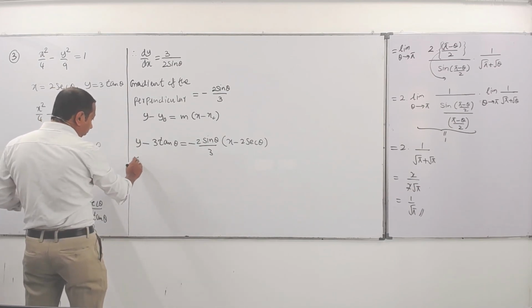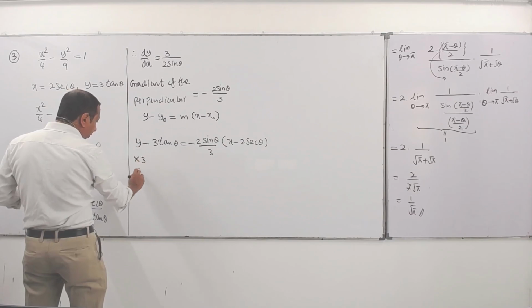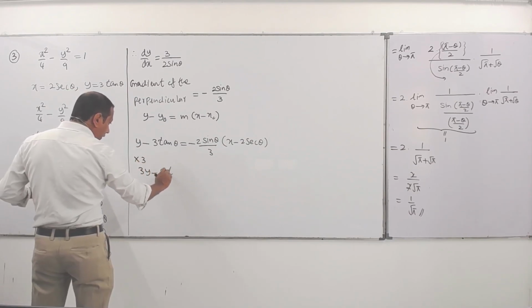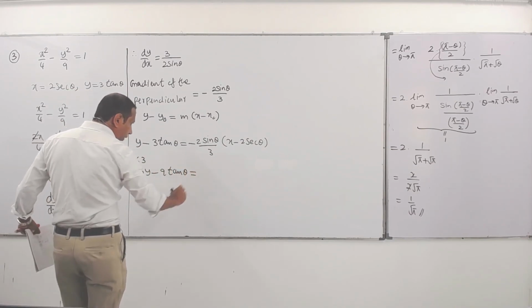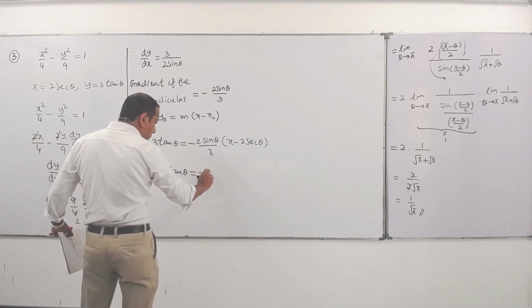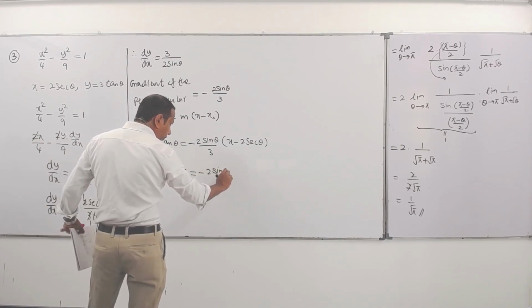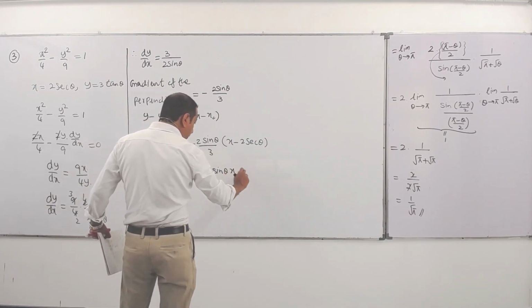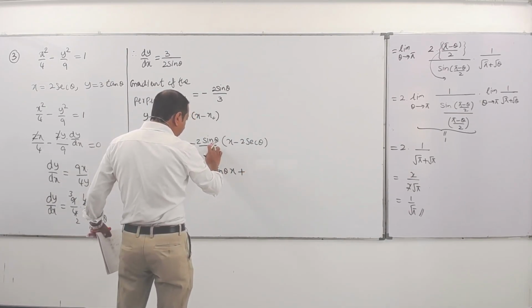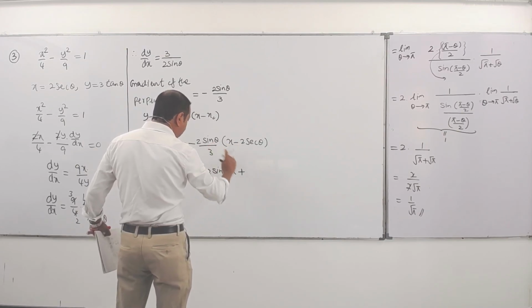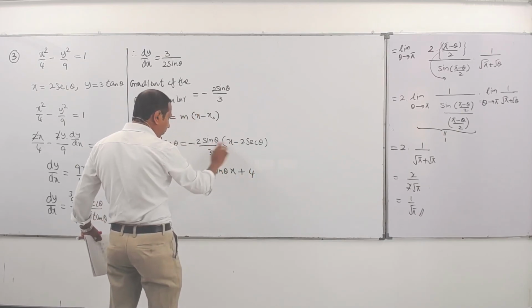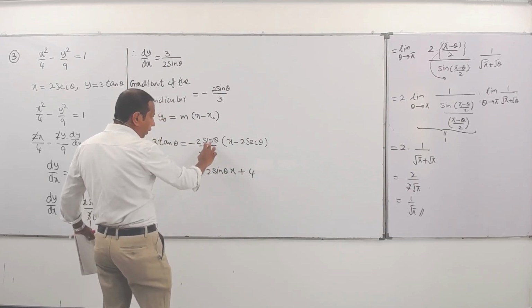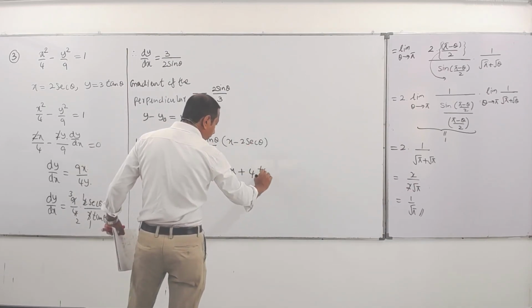Multiply this by 3, then we get 3y minus 9 tan theta equals minus 2 sin theta times x, minus minus plus 2 sin theta times 2 sec theta. 2 and 2 make 4, no? Sin theta sec theta means tan theta.